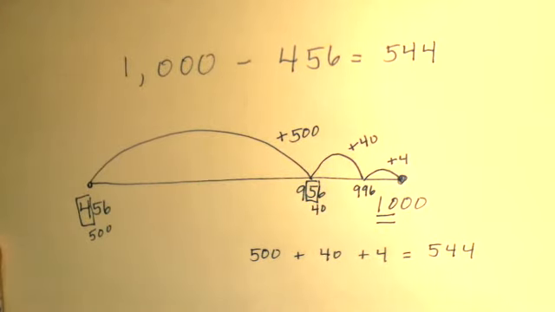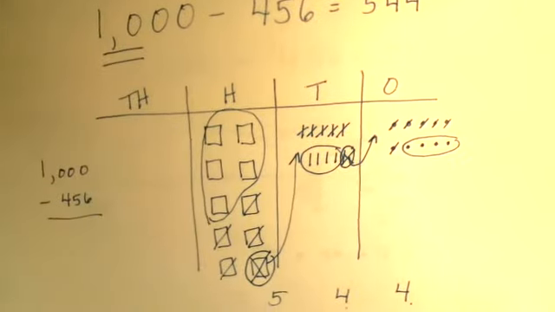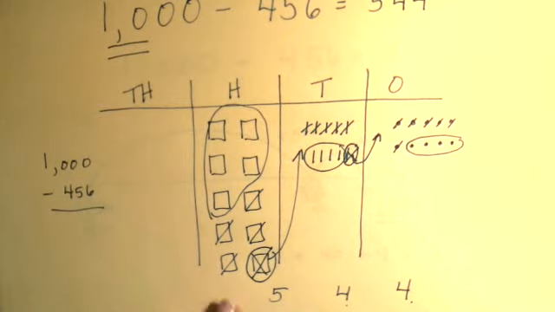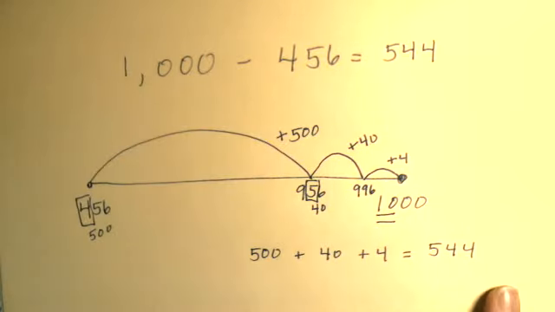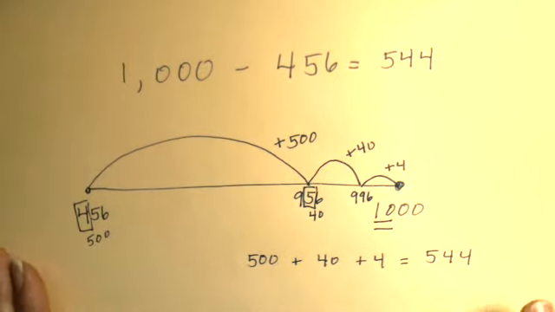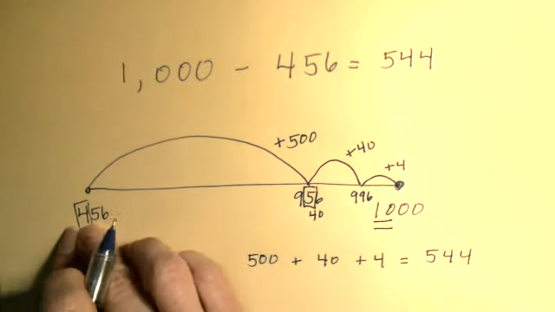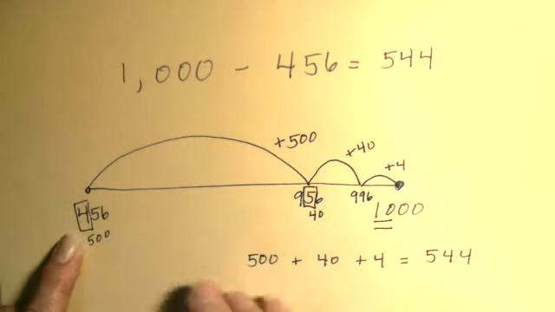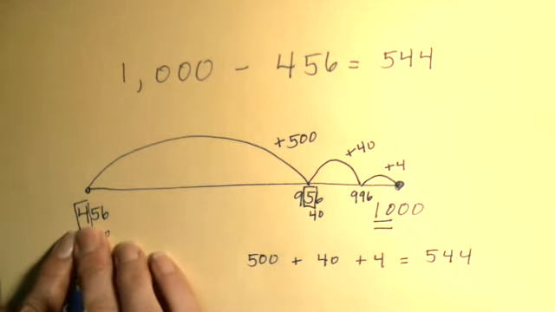We did it two ways. We used a place value chart, and we put 10 hundreds to represent 1,000. And we did it with a number line to see the difference between 456 and 1,000. We looked first at the hundreds place.